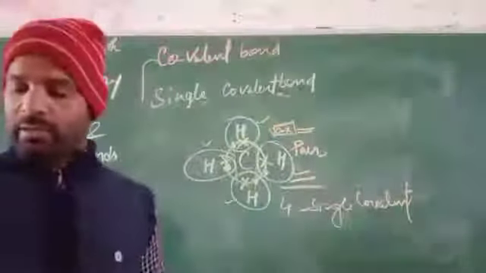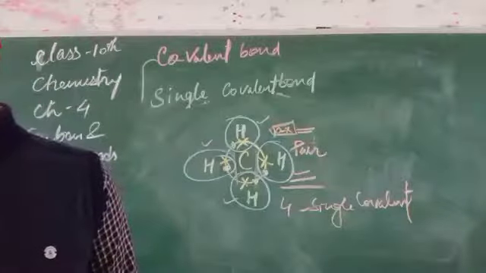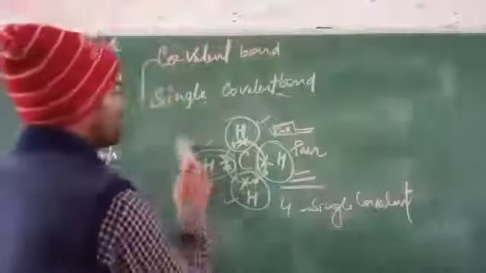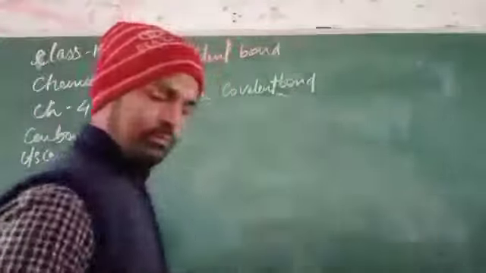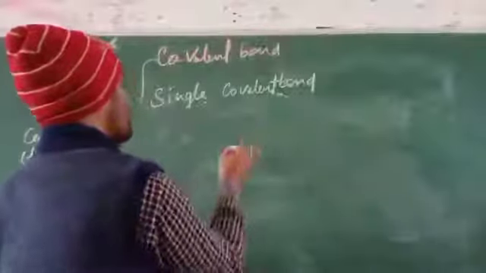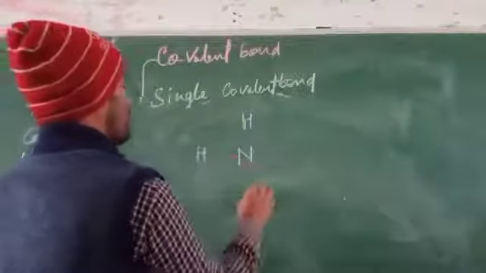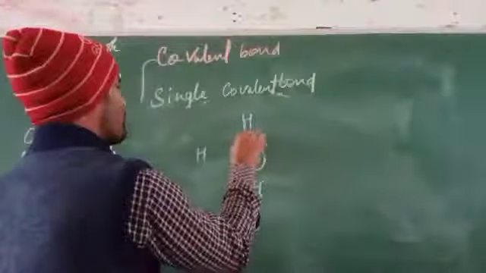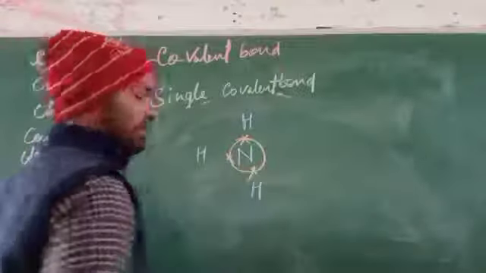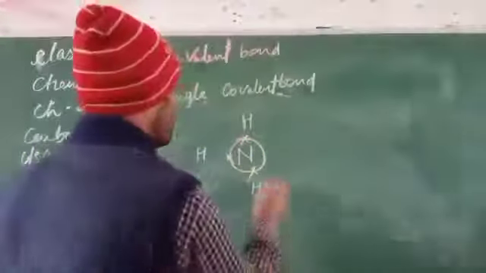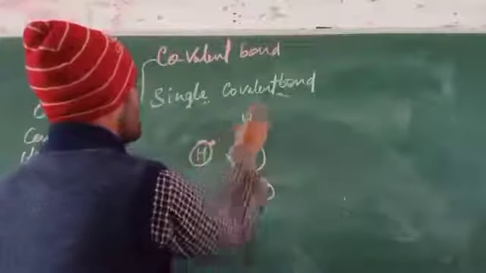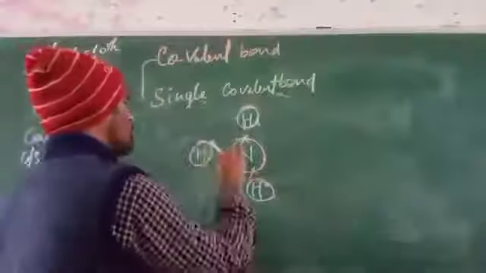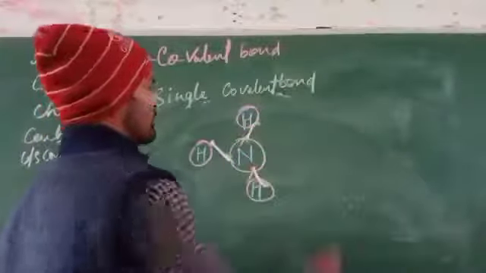If we take another example like NH3, ammonia, that is nitrogen, hydrogen and hydrogen. Suppose there are 3 electrons, 1, 2, 3, and hydrogen having a single electron in each case. So the bond takes place between hydrogen and nitrogen.